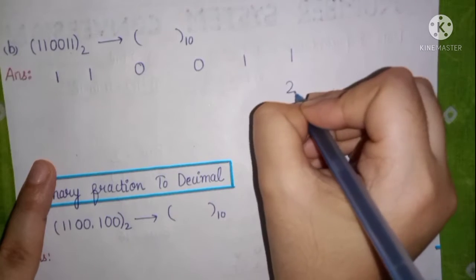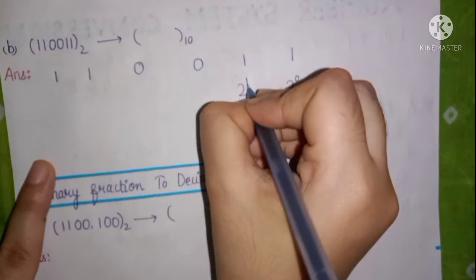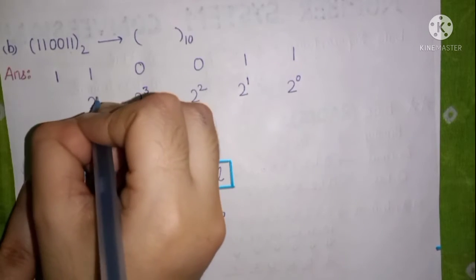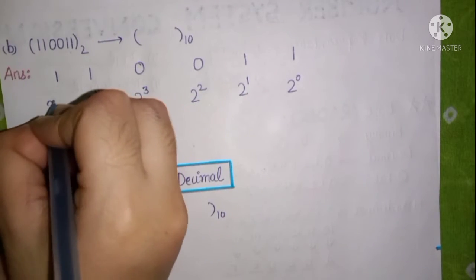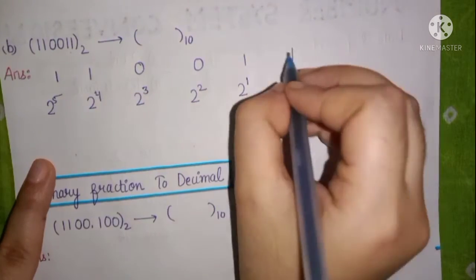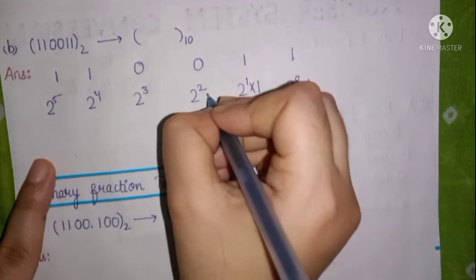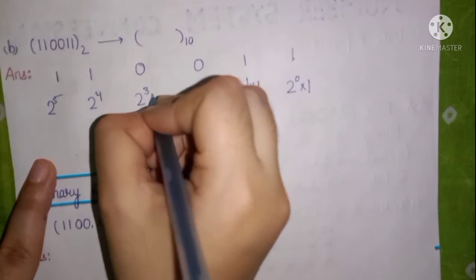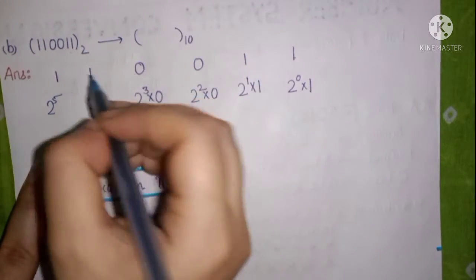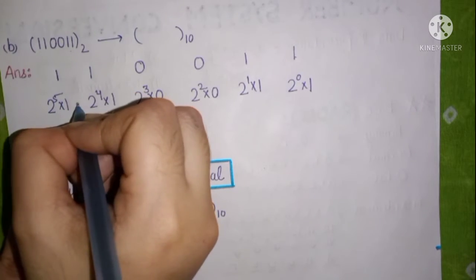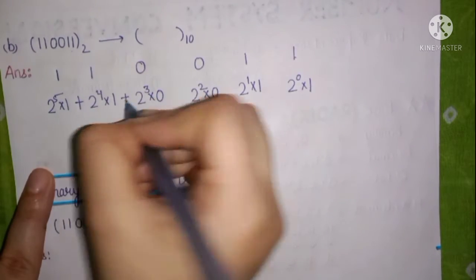Same, right below, 2 raised to the power 0, 2 raised to the power 1, 2 raised to the power 2, 2 raised to the power 3, 2 raised to the power 4, and 2 raised to the power 5. Here 1 is written, multiply by 1, 1 is written, multiply by 1, 0 is written, multiply by 0, 0 is written, multiply by 0, 1 is written, multiply by 1, 1 is written, multiply by 1. Put a plus sign in between them.